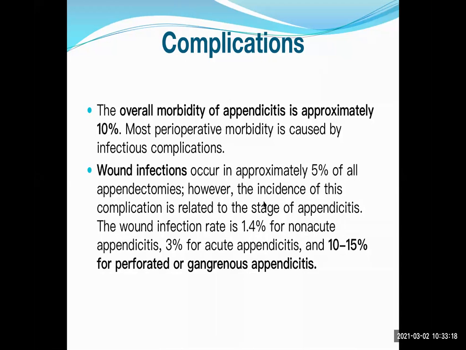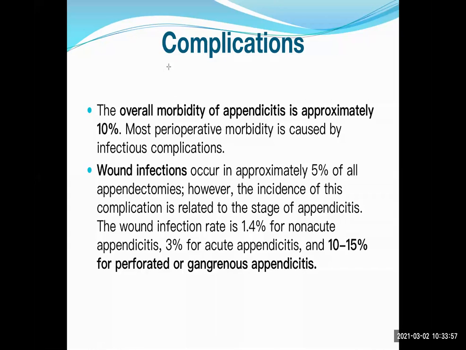Most perioperative morbidity is caused by infectious complications, like wound infection, which is absolutely common after appendectomy, because that site is already infected. Appendicitis means already infected there. Sometimes the pus may leak outside, and if that pus contaminates our incision site, there is a high chance of wound infection. So it occurs in approximately 5% of all appendectomy cases.